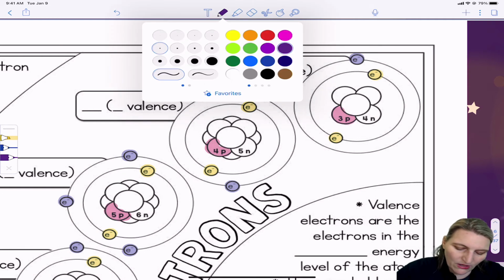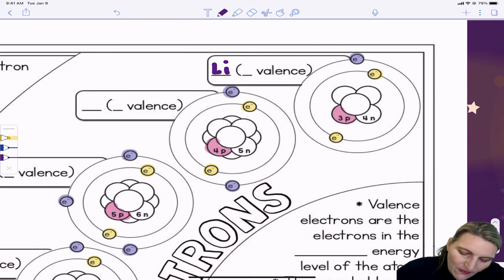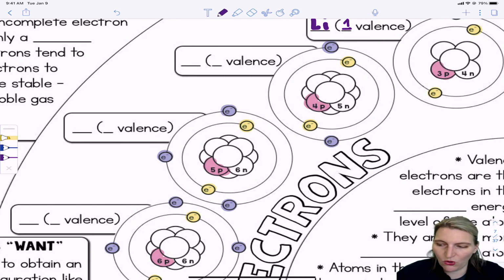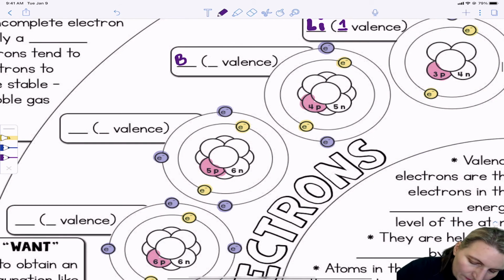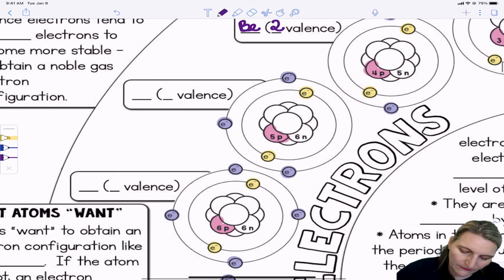And if we are talking about lithium, you can see it's 2 core electrons here in yellow, and then it's 1 valence electron, that electron in the outermost energy level. Next, with 4 protons total, we're at beryllium with 2 valence electrons. You can see the 2 blue circles there.